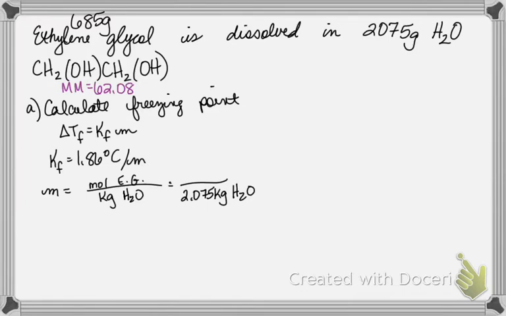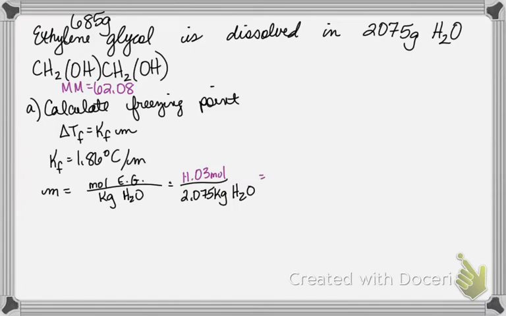I am going to double check that because I hate when I work the whole thing and realize I did the wrong thing. Yeah, 62.08. Okay, so that's the molar mass. So 685 divided by that number is my moles of ethylene glycol, about 11.03 moles. Grams divided by the molar mass.